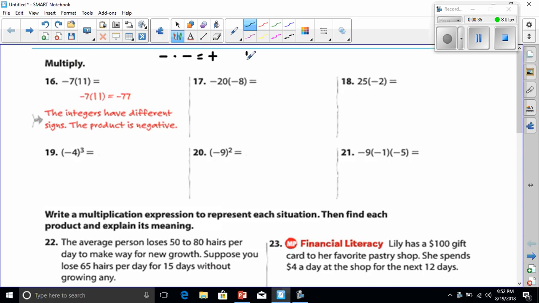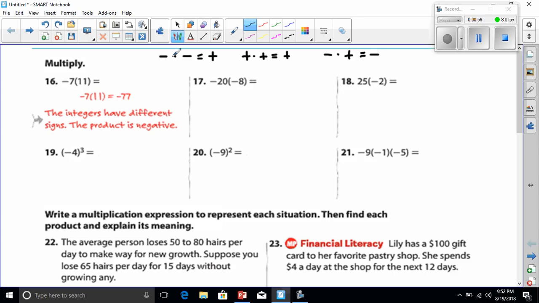A positive times a positive will also equal a positive. But as our example shows, if ever we have a negative times a positive, that will equal a negative number.